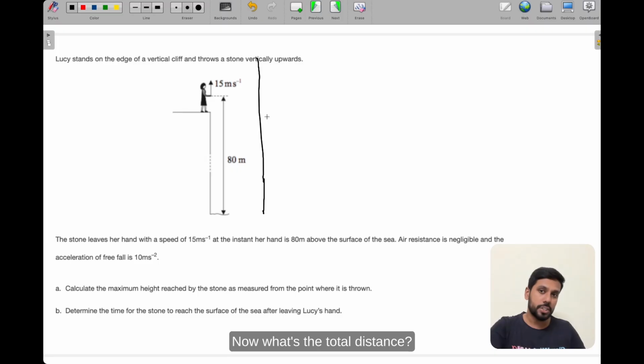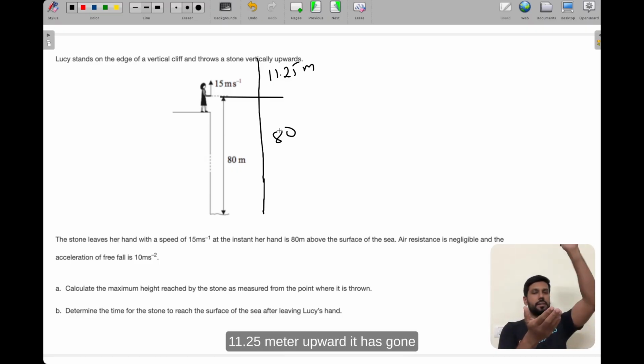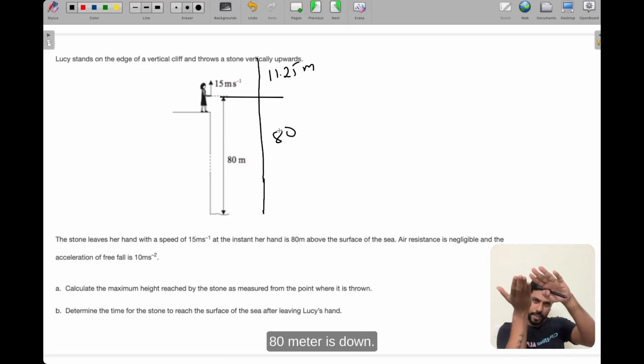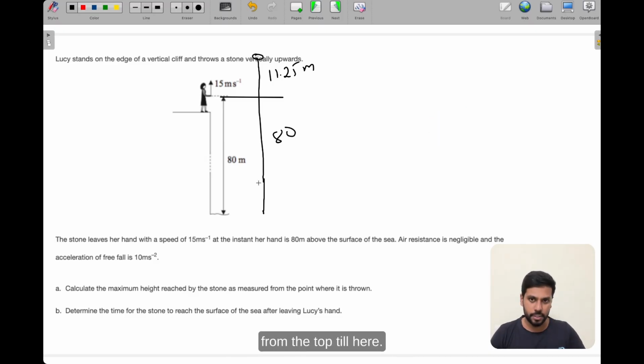Now what's the total distance? See, already from here it has traveled 11.25 upward. From her hand 11.25 meter upward it has gone, and from her hand 80 meter is down. So the stone that was thrown has to come from the top till here.